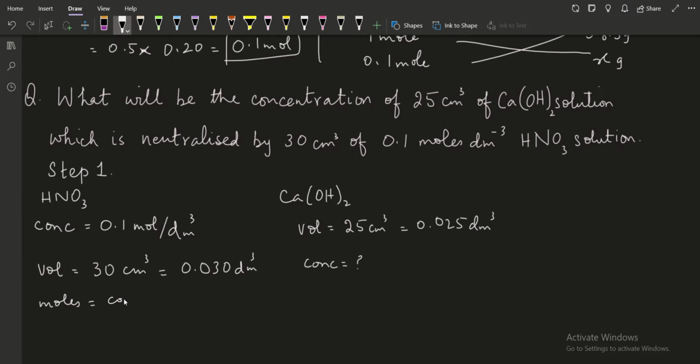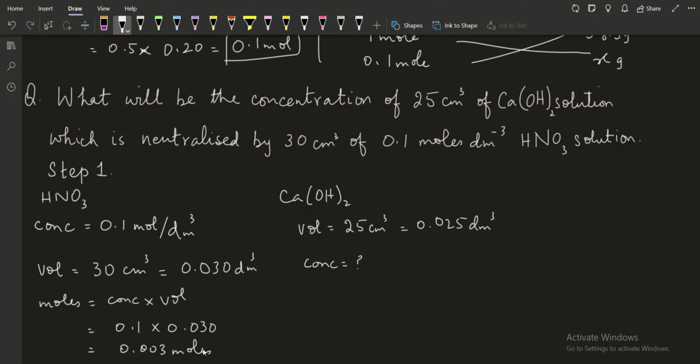So moles is equal to concentration multiplied by volume. Concentration is 0.1 and the volume is 0.030. Number of moles will be equal to 0.003.